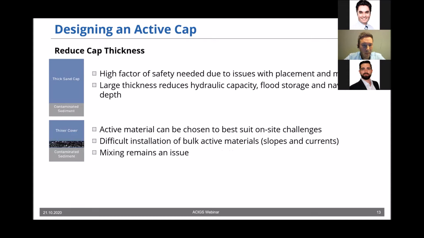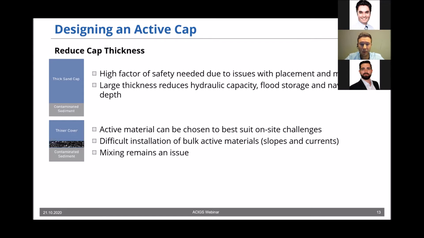So therefore, we don't use a thick sand cap, but we can use active material. This active material ensures a better chemical isolation for different contamination. So when you know which kind of contamination you have on your remedial site, you can choose the best active material to fulfill this function of chemical isolation.